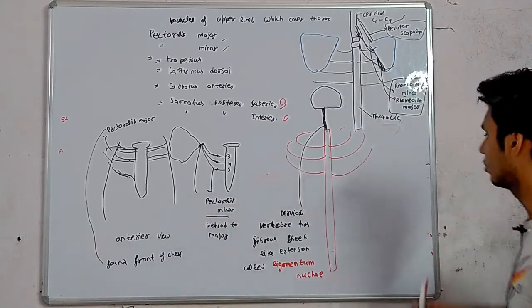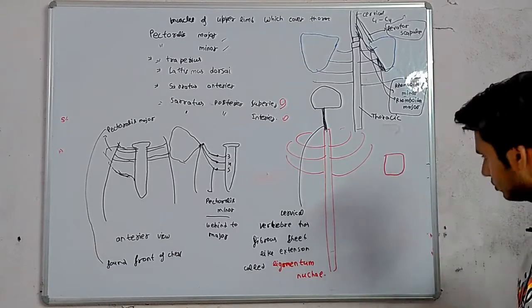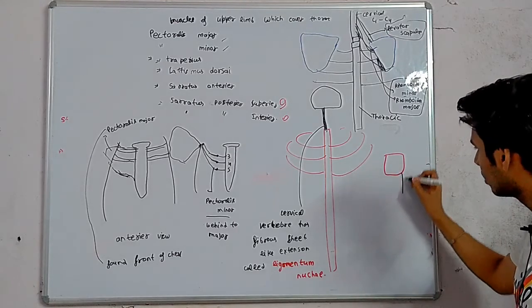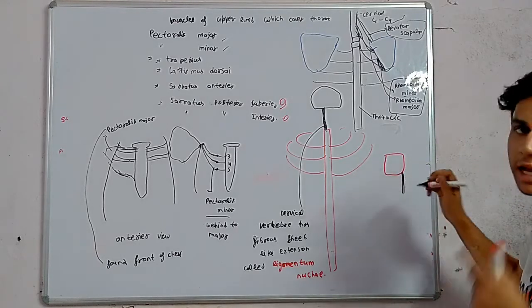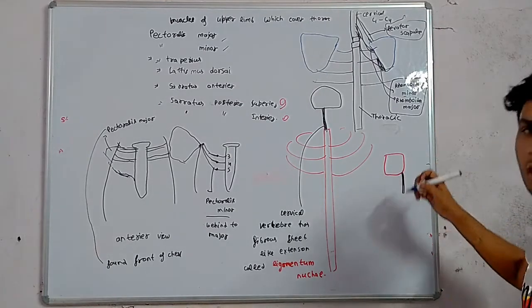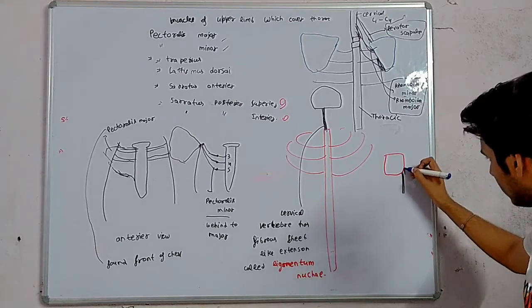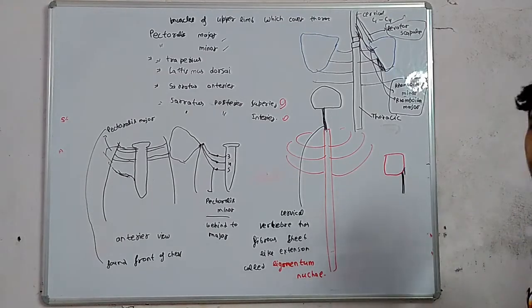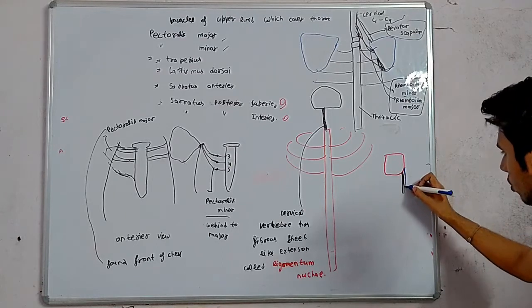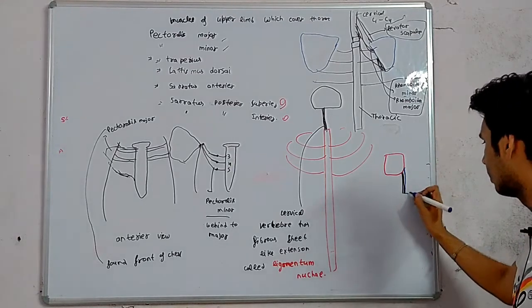What is ligamentum nuchae? Let's say this is the skull, and this is the cervical vertebra, the bones of the cervical region. A fibrous tendinous ridge starts from the occipital protuberance, goes along the cervical region, and covers all cervical vertebrae to C7.